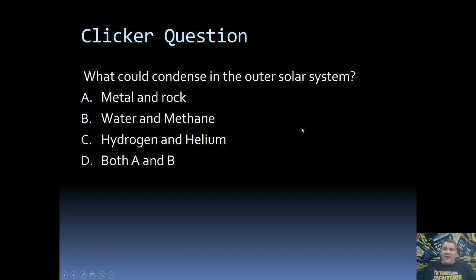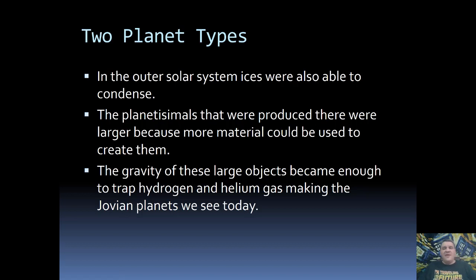Water and methane are only going to be able to condense, turn into ices, beyond the frost line, so as part of the outer solar system. Hydrogen and helium never condense into a solid in the conditions of the solar nebula, which means that in the outer solar system we'll get metal and rock, water and methane, so the correct answer is D, both A and B. So in the outer solar system, we have rock, metal, and ices.